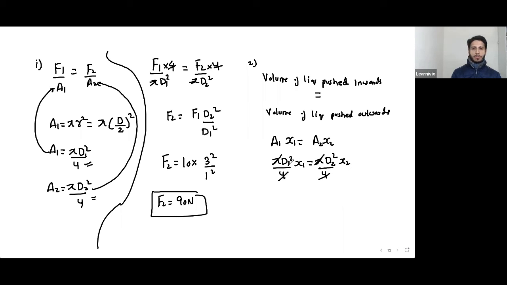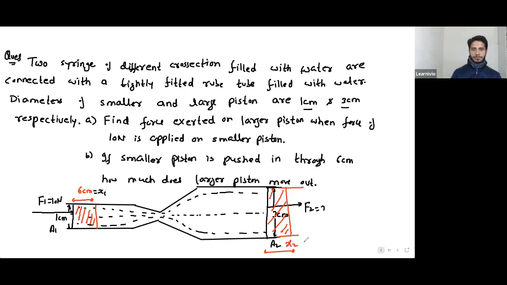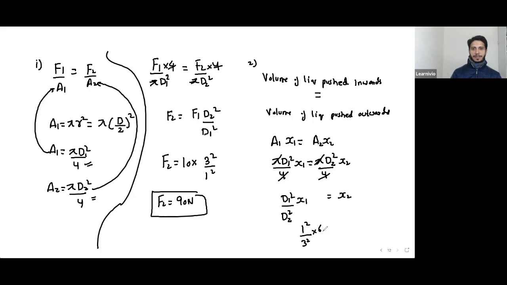I need x2, so your x2 is d1 square by d2 square multiplied by x1. d1 is 1 centimeter, 1 square. d2 is 3 centimeters, so it's 3 square. x1 is 6 centimeters.